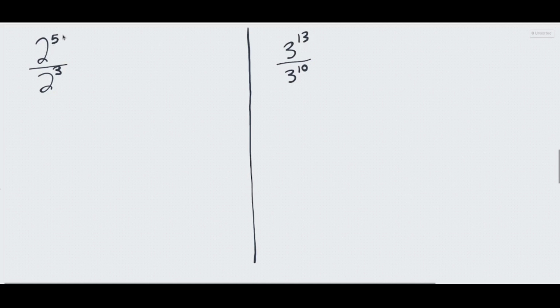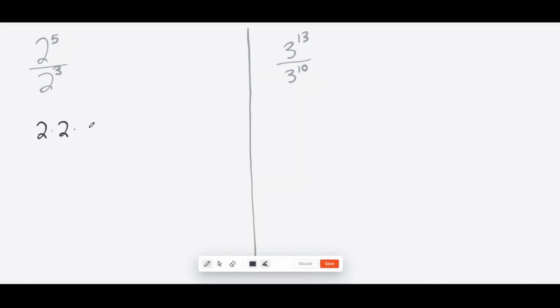So for example, 2 to the fifth power, what does that mean? Without actually calculating it, basically what it means is 2 times itself 5 times. So we have 5 2's in the numerator being multiplied together, and in the denominator, we have 3 of them. And if we do that, you should notice something interesting. Whenever we have something in the numerator and in the denominator, we can simplify the fraction by crossing it out.